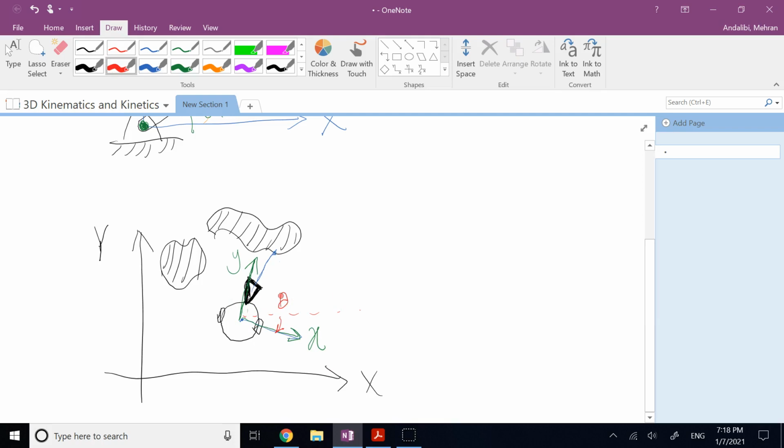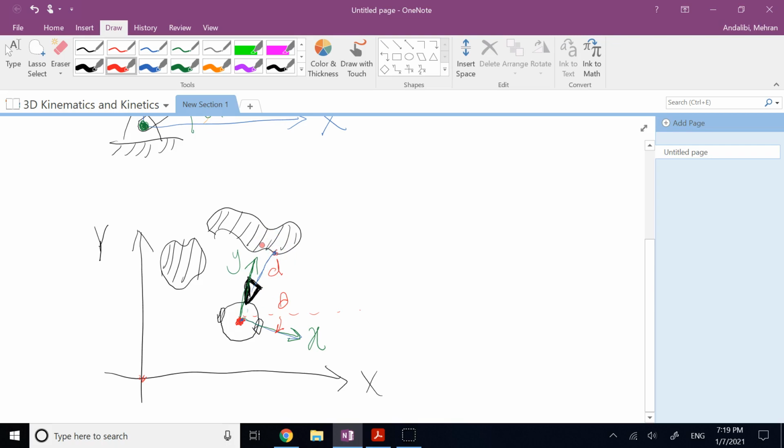So it knows how much it has rotated. It knows the position of this centroid here with respect to the origin. And once it knows this distance d, it can exactly locate this point.